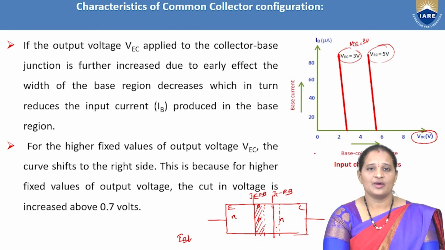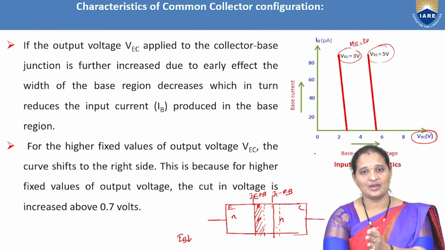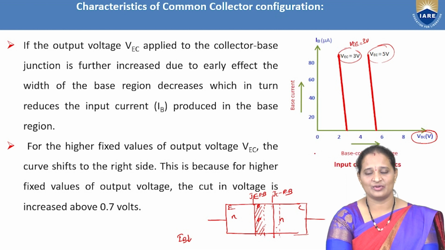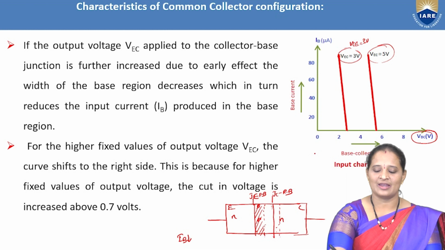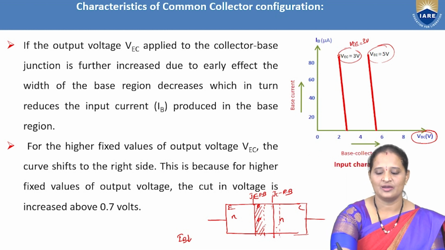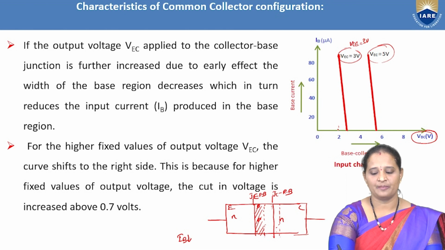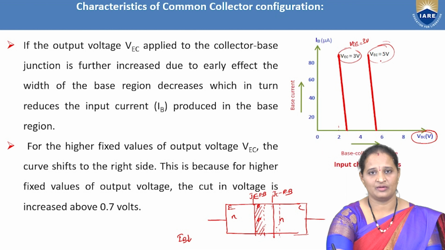That means the conduction takes place at a higher potential, whereas initially the conduction started at some lower potential, due to the increment in VEC, that is the reverse voltage at the emitter to collector junction.